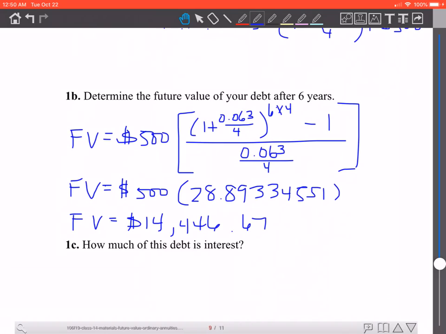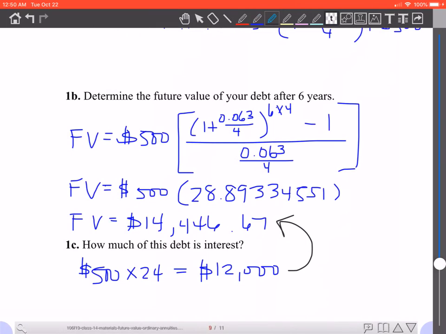Well, if you borrowed $500 a quarter for 24 quarters, how much money would that be? That is $12,000. But the future value you just figured out was not $12,000. It was actually $14,446.67.